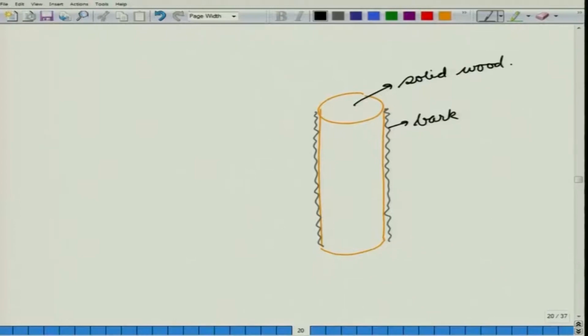So, in most cases we are interested in the solid wood for its mechanical properties and for its use in industries. So, bark is generally considered a byproduct of the timber production process, but in some cases the bark may have its own utility. Say in the case of cinchona or in the case of cinnamon.